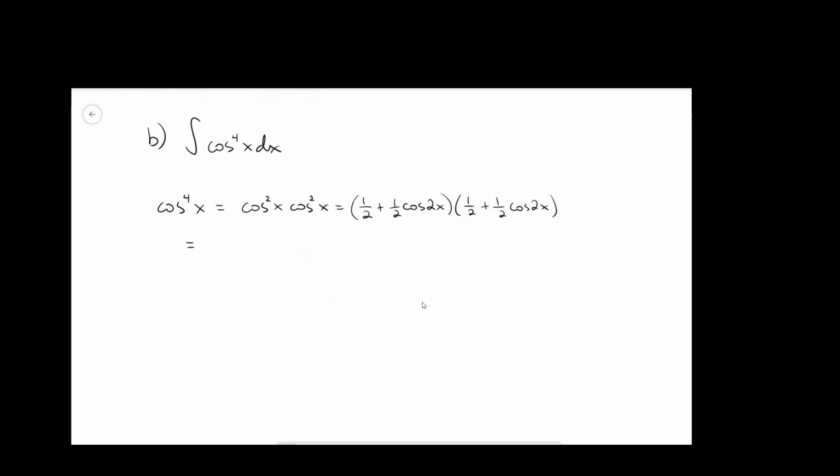And then you can multiply this out, FOIL. So we're going to get 1/4 plus 1/4 plus 1/4, so that's plus 1/2 cosine 2x. And then the last term is going to be plus 1/4 cosine squared 2x.